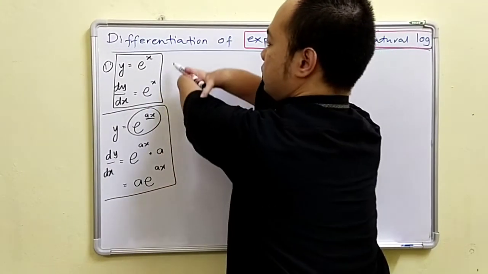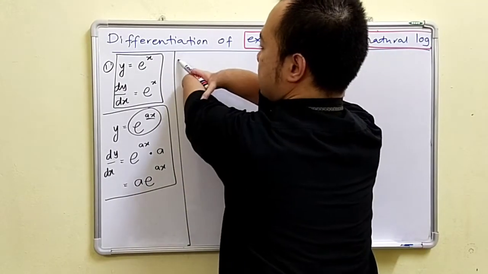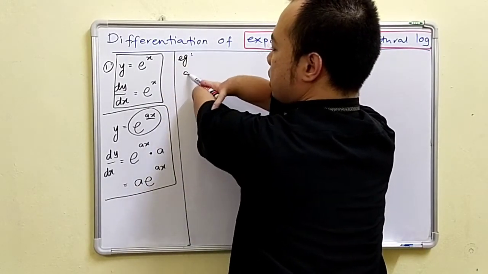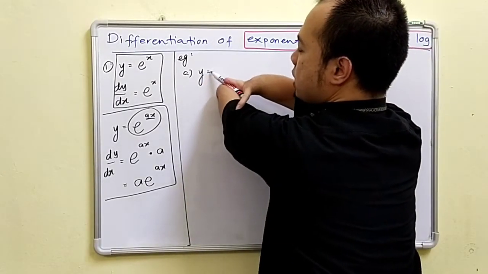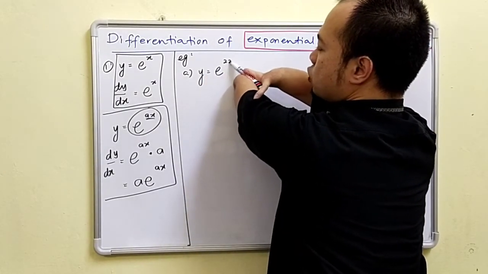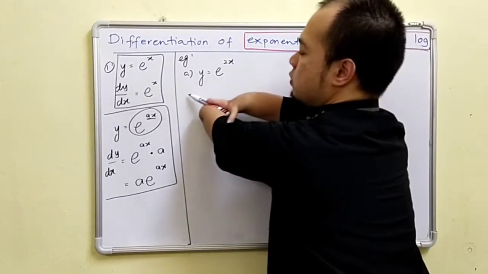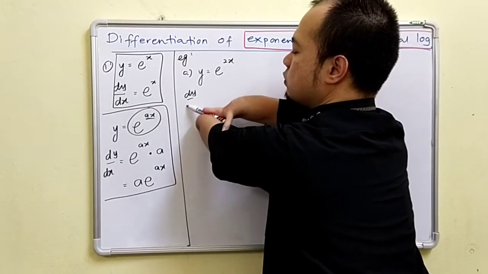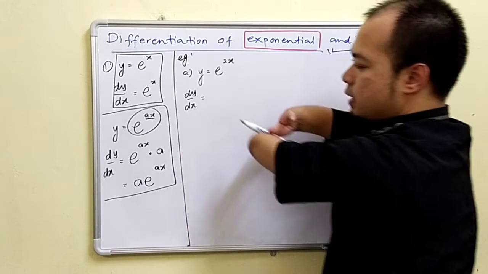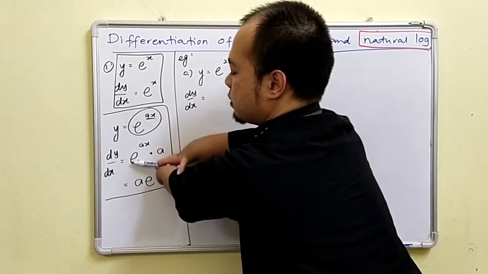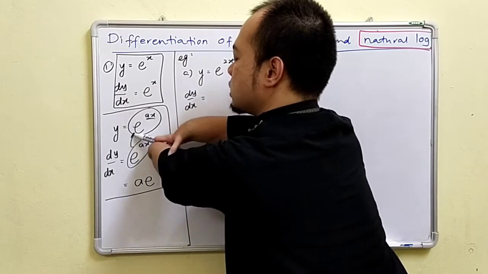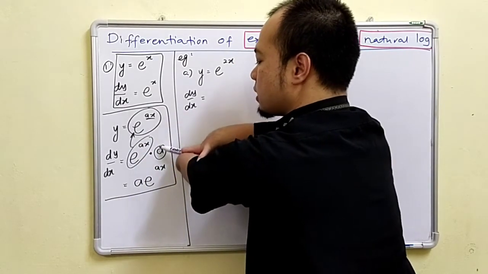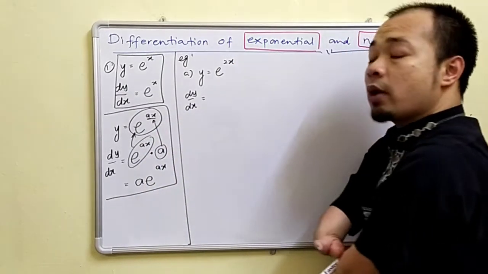Example A: I have y is equal to exponential of 2x. Find dy over dx. Like I said just now, you can apply outside and inside. The outside is the function itself; the inside is the power.